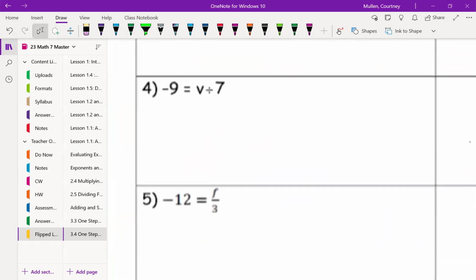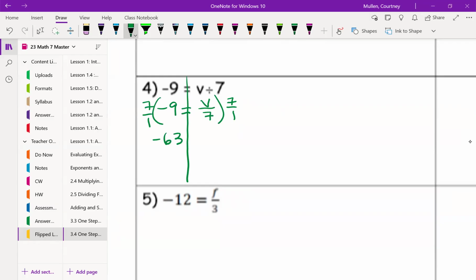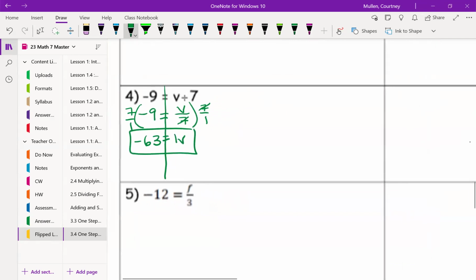So again, we see number 4 set up with the division symbol, line down our equal sign, -9, equal sign stays on the line. V divided by 7, so we will multiply by the denominator. 7 times -9, -63, leaving us with 1V, or just V as our solution.